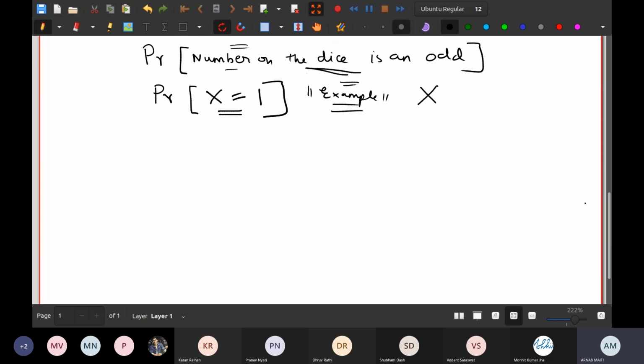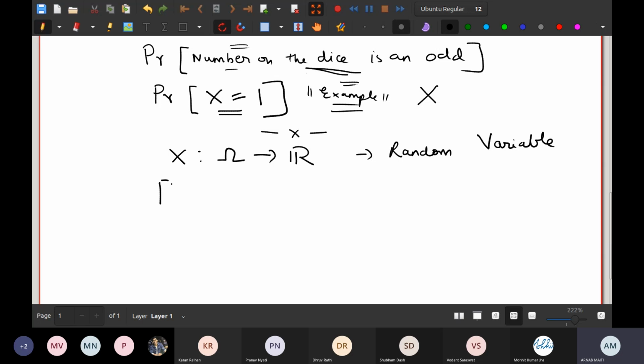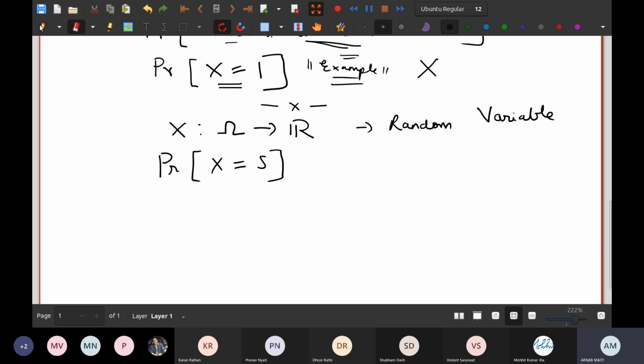Again, if we recollect, this is a random variable, and this is the type of question we ask. Let us define it mathematically. What do we mean by this? For that, let me write some stuff below.